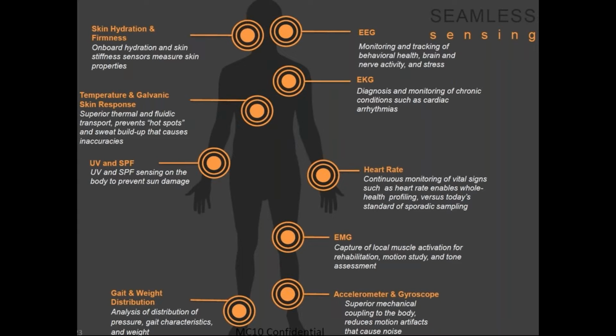Other examples, which are in prototype stage and will soon be reality, are skin hydration and firmness. A patch is available which shall be able to check and monitor the skin hydration and firmness, temperature and galvanic skin response, which is able to provide superior thermal and fluidic transport and prevent hotspots and sweat buildup that causes inaccuracies.